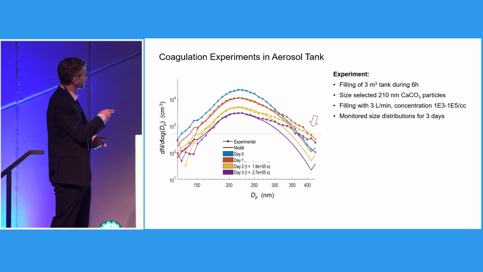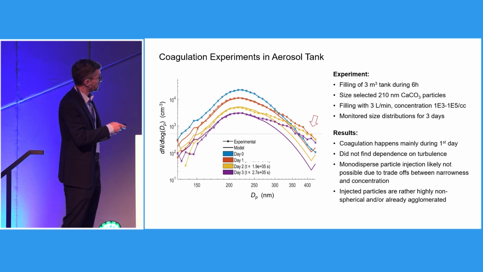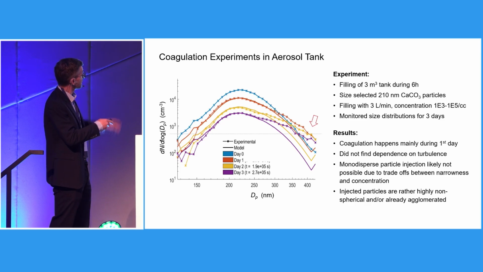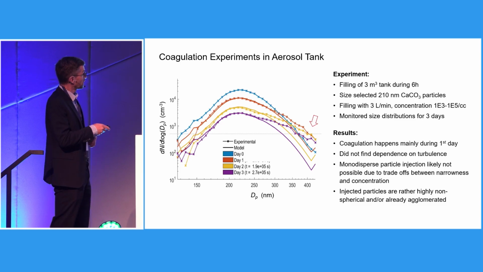So with every day you have wall losses and sedimentation, you decrease, but you also have coagulation, which moves the particles to larger numbers, from day 0 to day 3. And what we observe is that coagulation mainly happens during the first day, then probably the concentration gets too low.